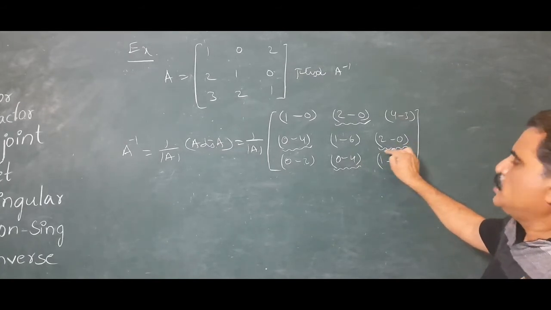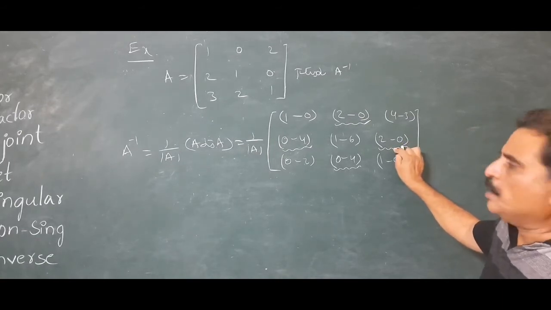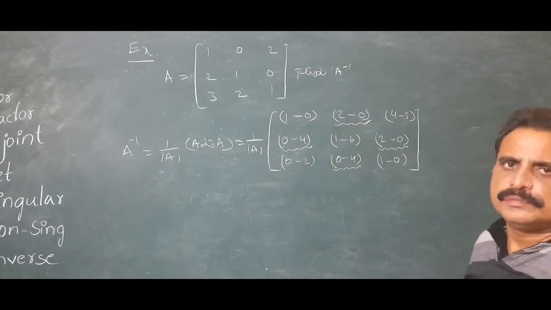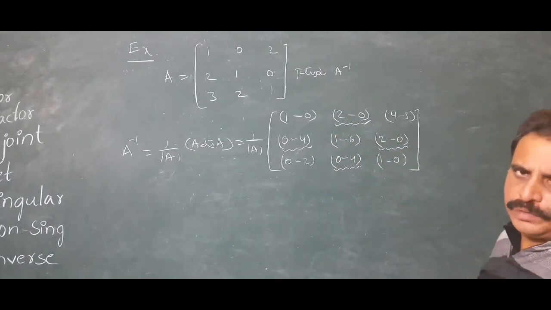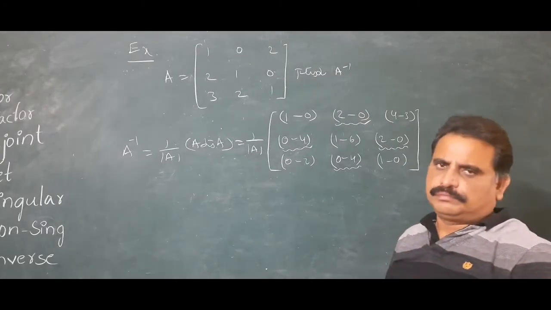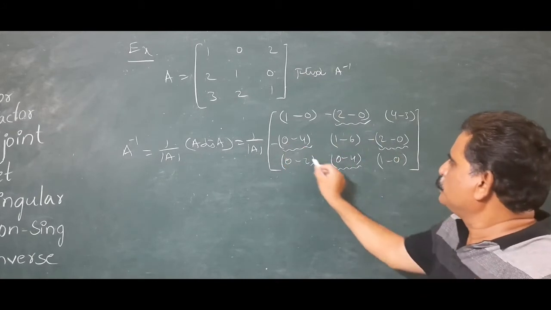Here second row third element, that is 5, odd number. So these four elements, sign change. For the remaining elements, cofactor and minor are both the same. Now sign change for these four elements only.